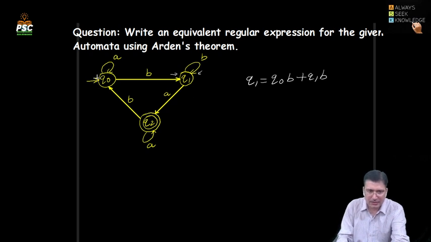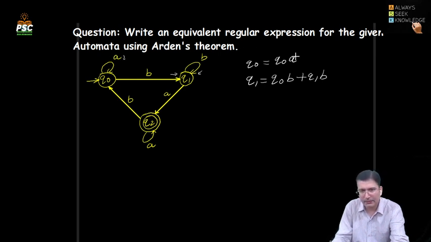Now if I want to write the characteristic equation of Q0, the very first thing we can write is for this loop: Q0 followed by A. If you use this, you will be on Q0 only. Or there is another input from here, so we can write Q2 followed by B, then you will reach Q0.